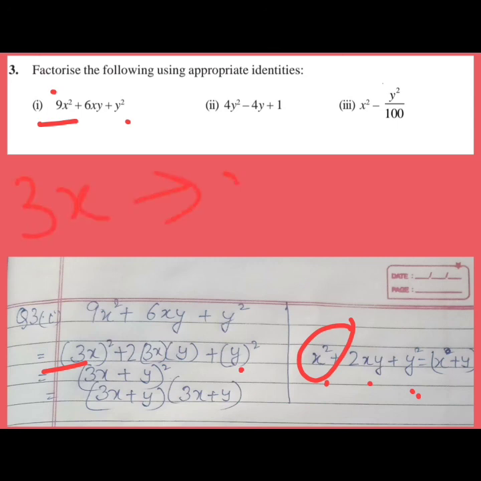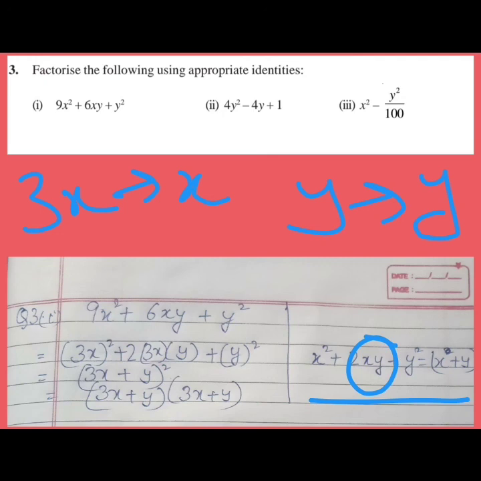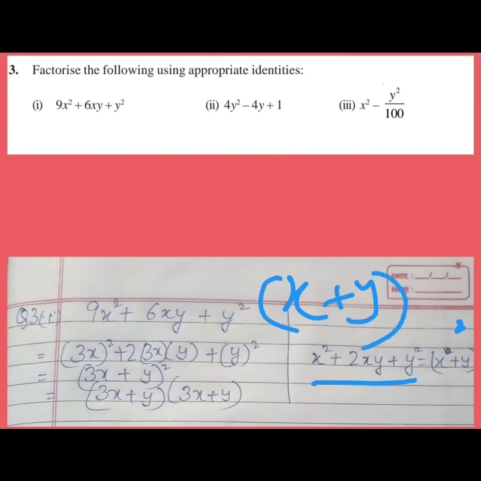We get 3x as x and y as y. If we apply this identity, here we have to make 2xy, so we wrote 2, the first term that is 3x, the second term that is y. So the identity becomes x square plus 2xy plus y square, and this is equal to (x plus y) whole square.